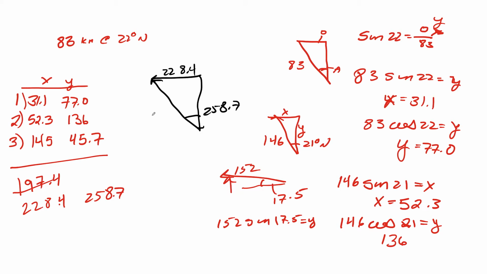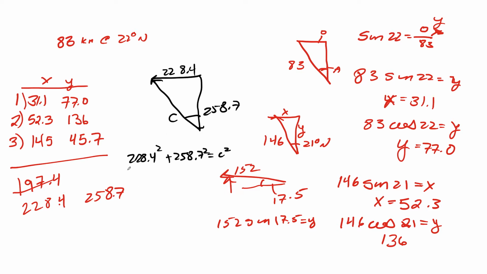Well, guys, a squared plus b squared is going to equal c squared. So 228.4 squared plus 258.7 squared is going to give me c squared.